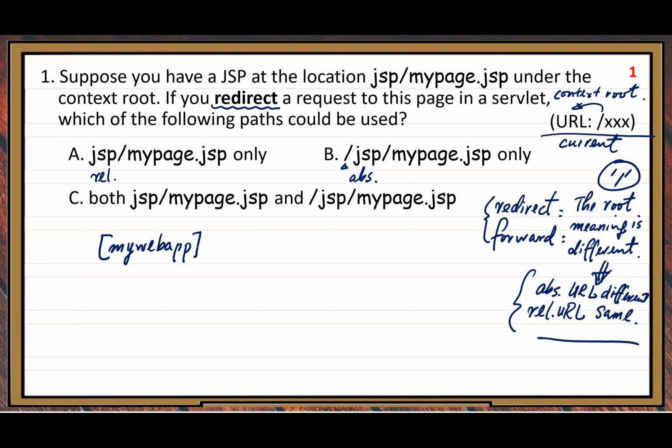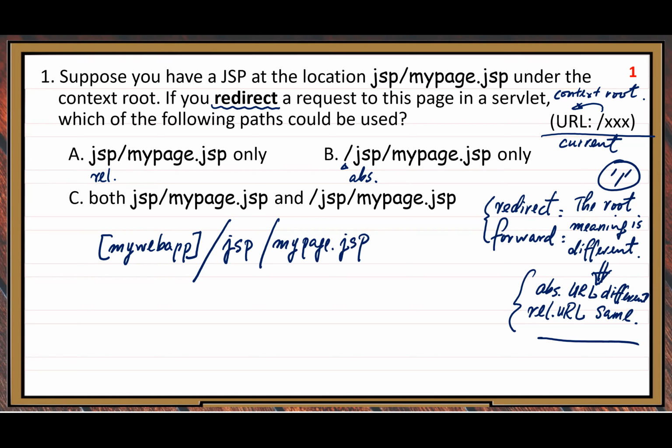This is our context root. Under the context root, there is a JSP folder. Then under the JSP folder, we have a mypage.jsp resource. That's the resource we want to locate.